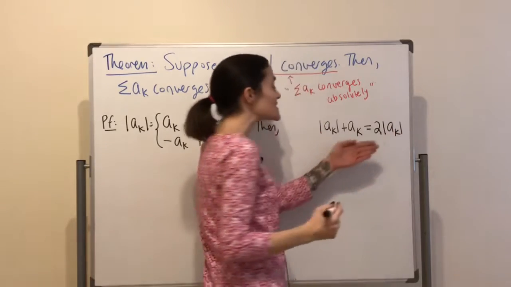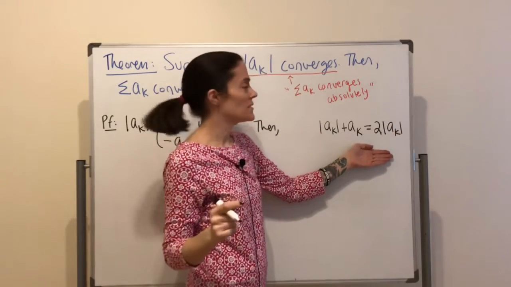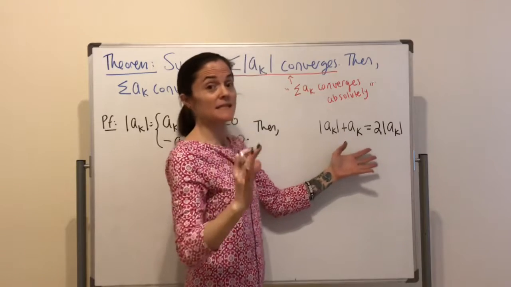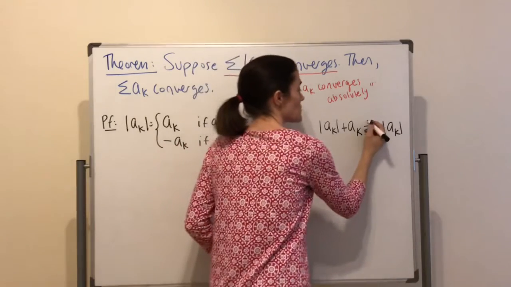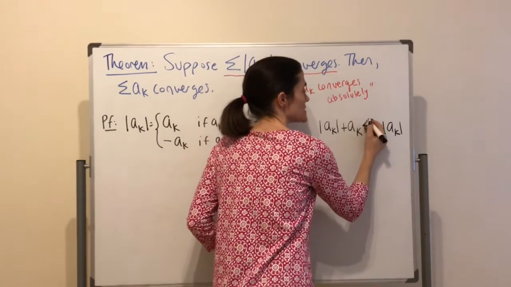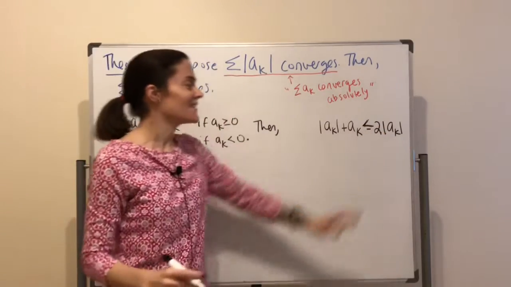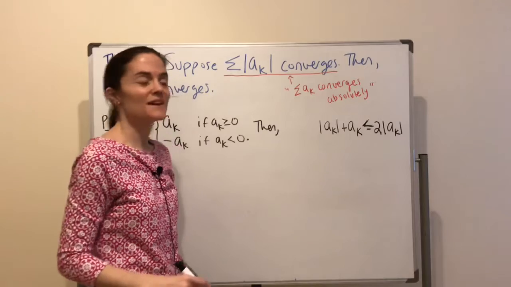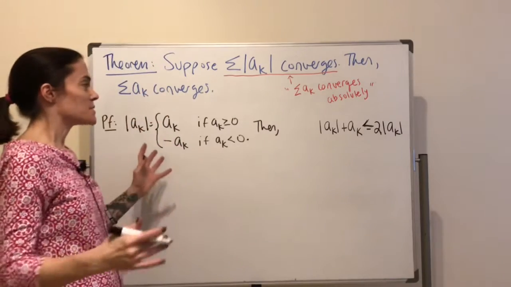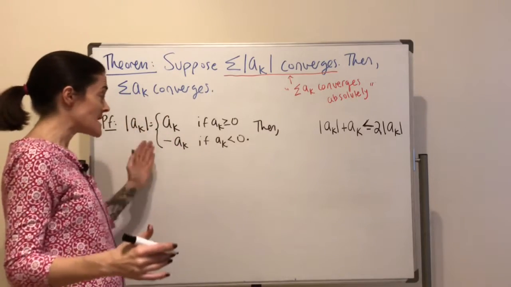This holds when a_k is positive, but certainly this is the biggest this can be. So we can do this, and this is definitely true. We have equality here when a_k is positive, and then the other option is when a_k is negative.